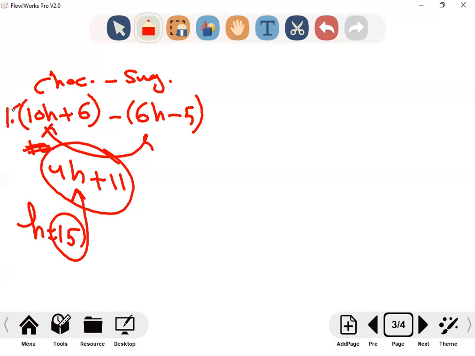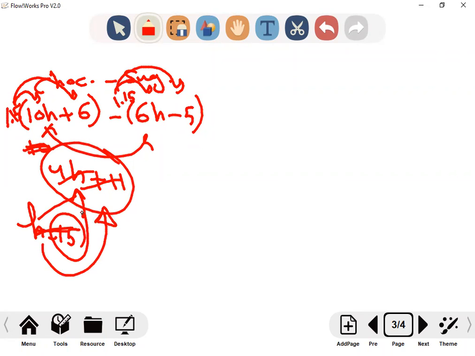Here you multiply by 1.15, and here you multiply by what? Because the total money equals the number sold multiplied by the price of one item. So before you subtract, you need to redistribute, then subtract, then substitute H. Get it? This is the only different step.